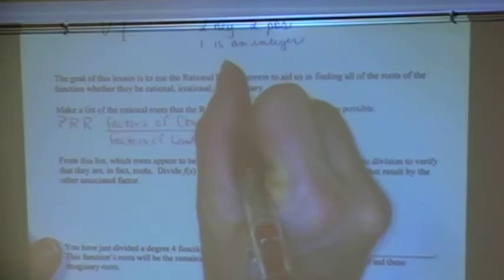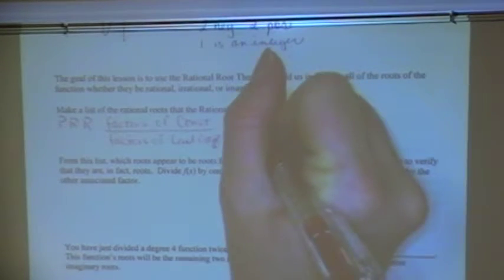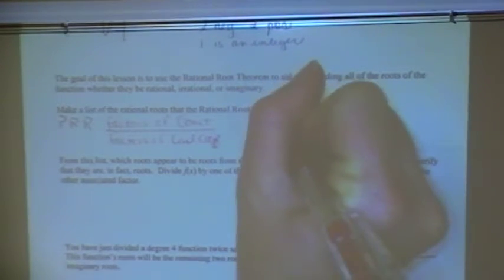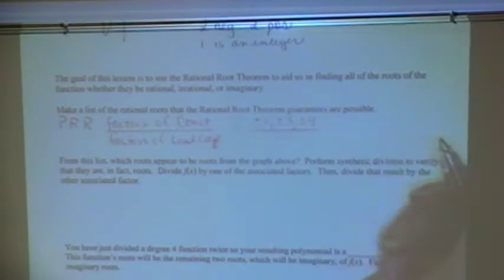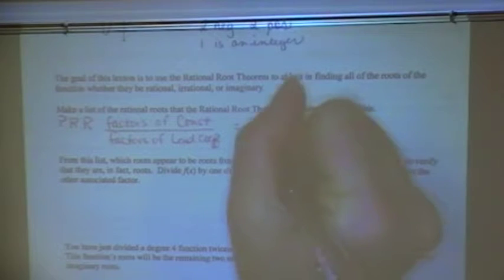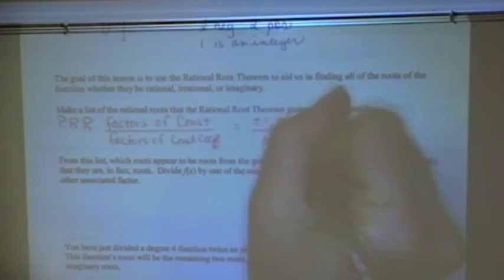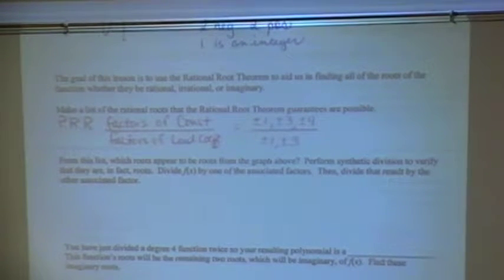My constant is 9, so that'd be positive and negative 1, positive and negative 3, positive and negative 9. My lead coefficient is 3, so that just has 2 factors, 1 and 3.